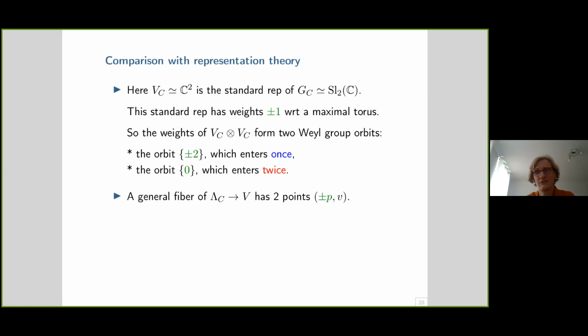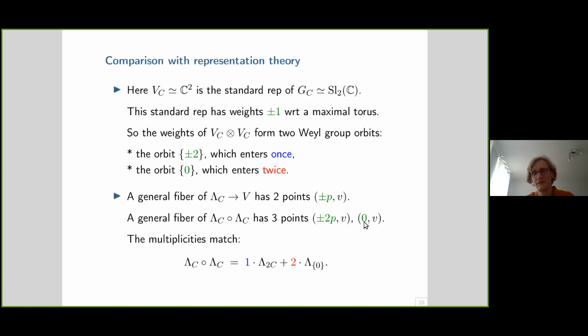We have seen that the general fiber of the Gauss map for C, in this case, has 2 points, plus minus v. And this plus minus here is the weight plus minus 1 upstairs. And if you look at a general fiber of this new cycle, call it lambda C, this has 3 points: the points plus minus 2v, which come from the diagonal when I push forward, and the point 0, which comes from the anti-diagonal.